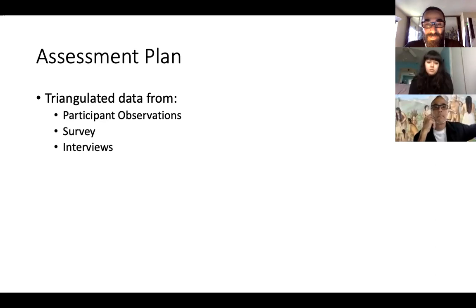And now, as we know, our whole class and our whole school has gone online. So from interviews, I found that working with technology was really powerful for students. So that was my assessment plan. This is how I collected data to confirm whether or not my intervention tool worked.